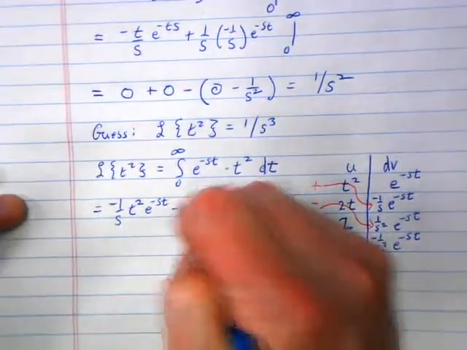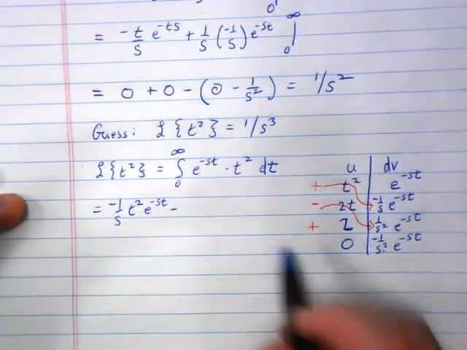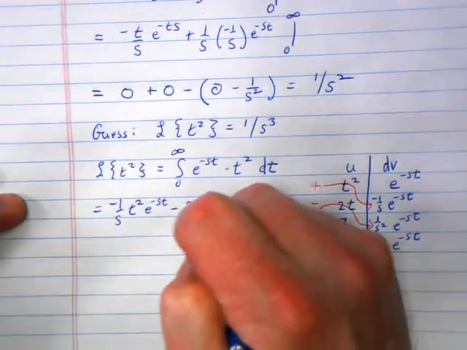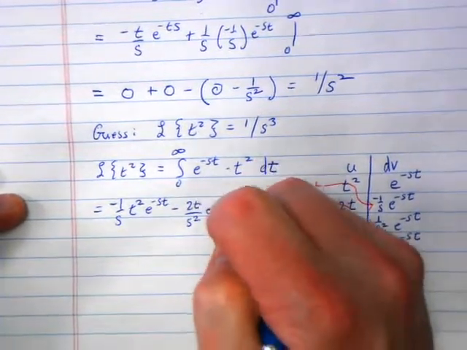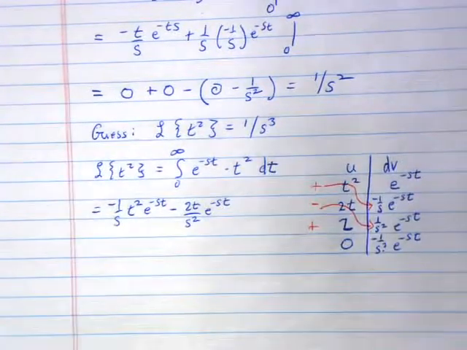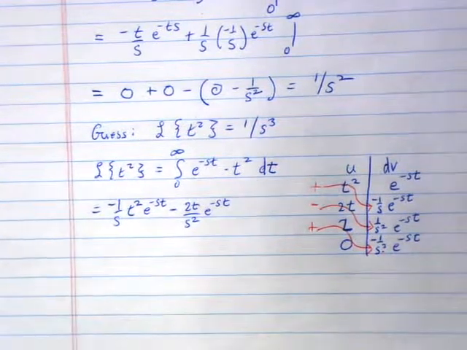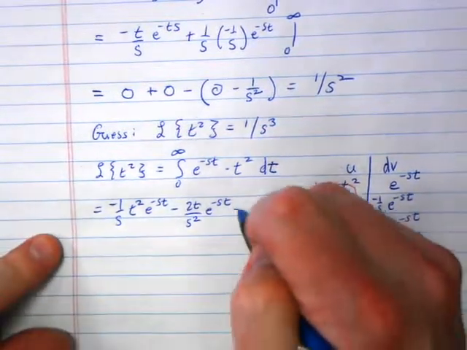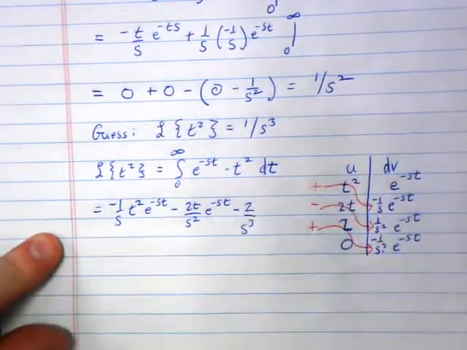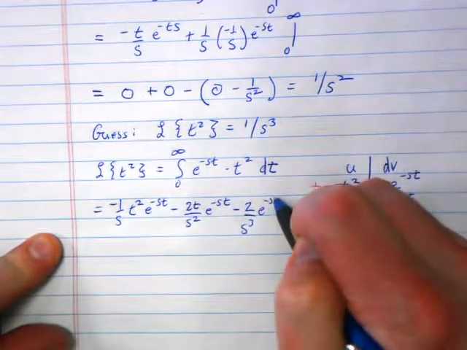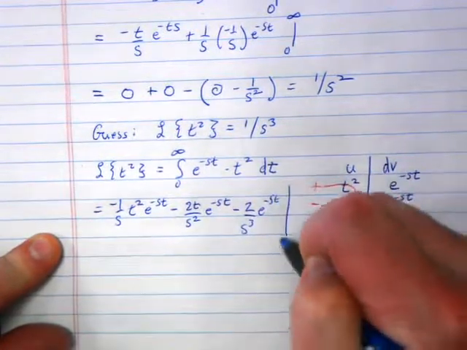So that's negative 2t over s squared, e to the negative st. And then finally the last one gets a plus, but there's another minus here, so it's going to be minus 2 over s cubed, e to the negative st. And then we have to evaluate.